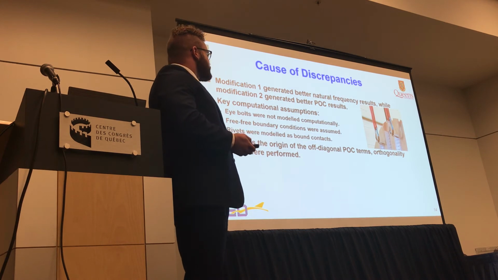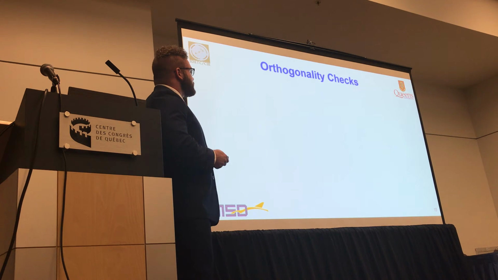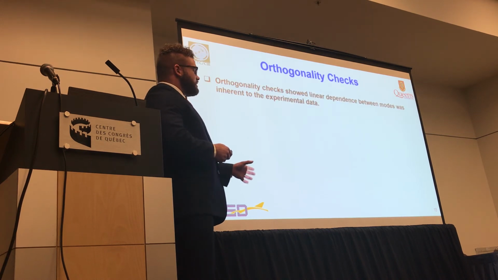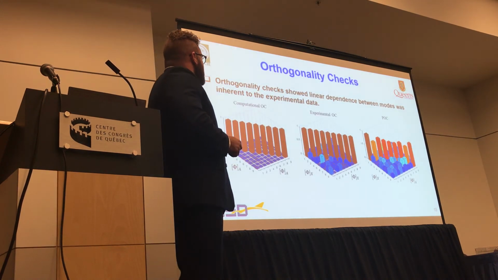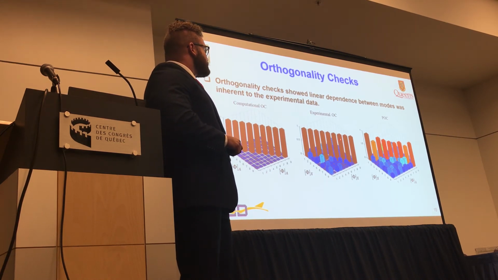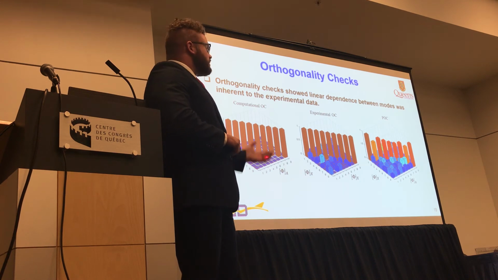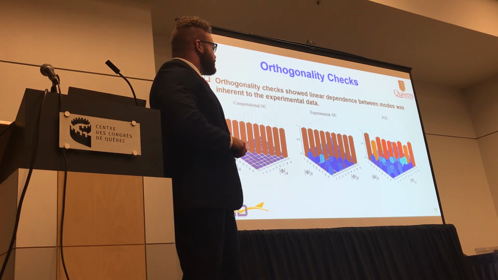So to assess the origin of these off-diagonal pseudo-orthogonality terms, I performed individual orthogonality checks on the two data sets individually. The computational orthogonality check produced the identity matrix as expected, whereas the experimental orthogonality check produced pretty significant off-diagonal terms due to the issues that I addressed on the previous slide.